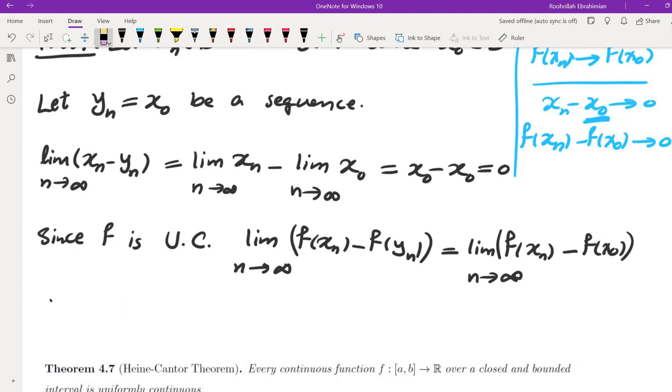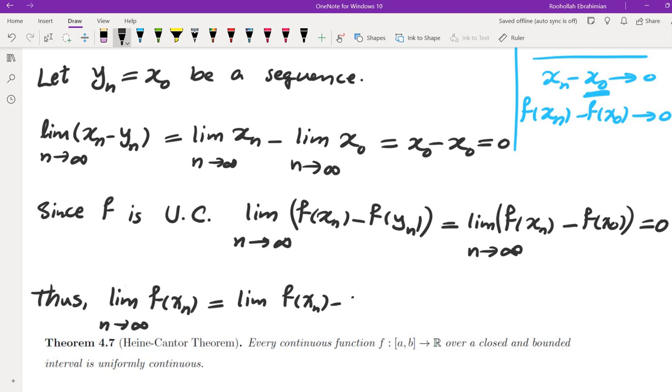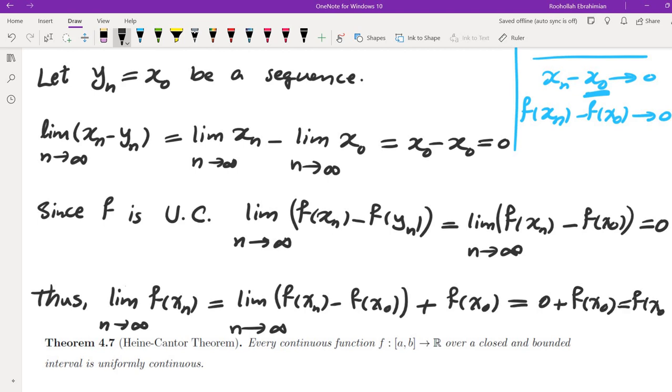We know this would have to be 0. Okay, so since xn minus yn approaches 0, f of xn minus f of yn must approach 0. Thus, if you take a look at the limit of f of xn as n approaches infinity, this becomes limit of f of xn minus f of x0 plus f of x0. And this becomes 0 plus f of x0, which is f of x0.